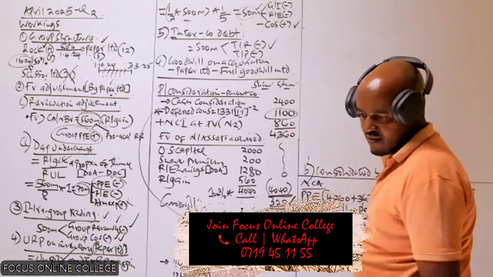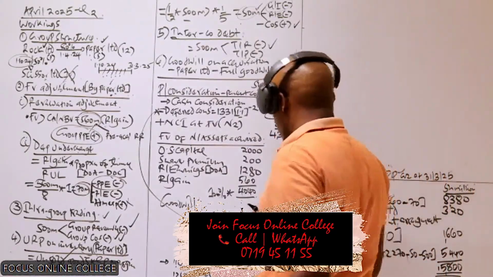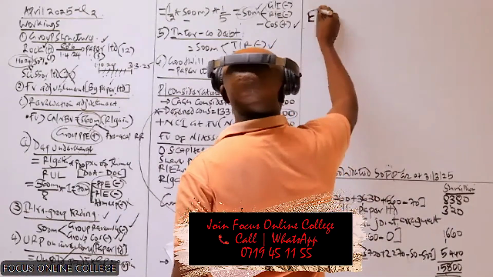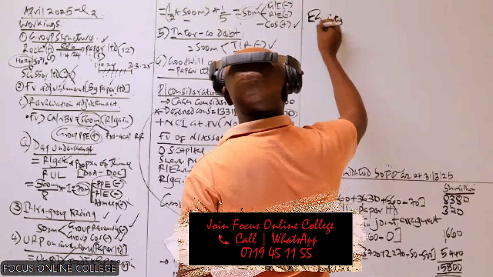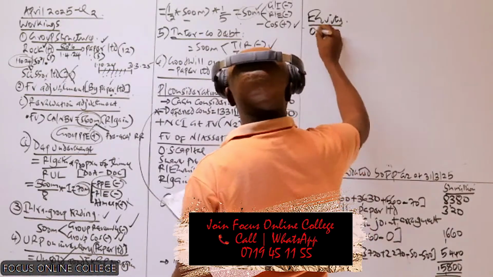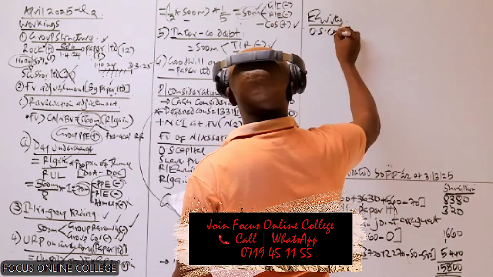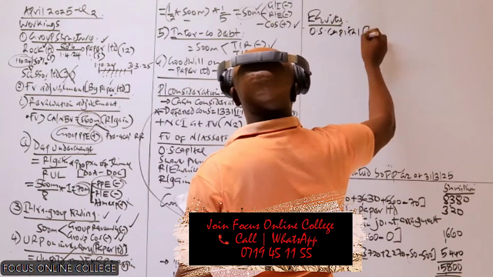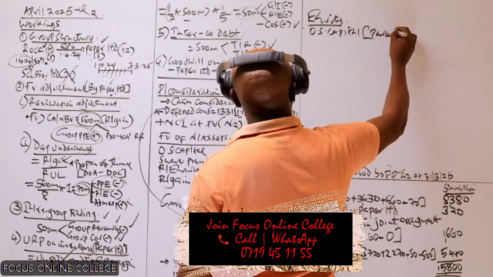Yes. So then from this, we need to move and record equity. For the equity, we will start with the ordinary share capital. I hope you can recall, we don't consolidate this.